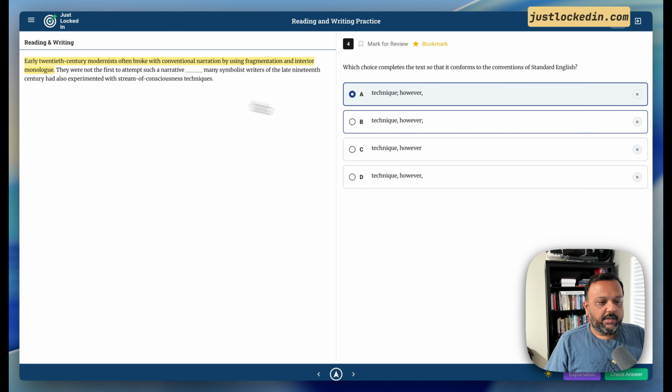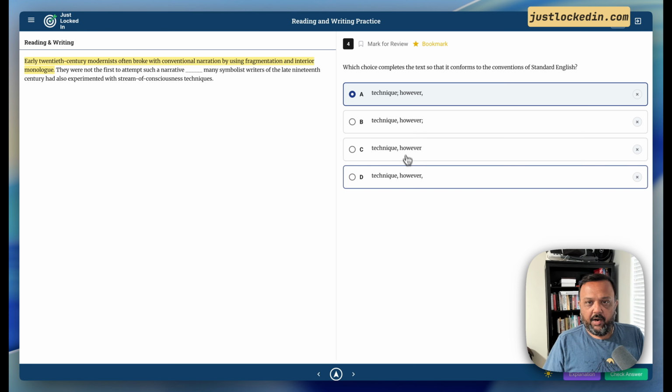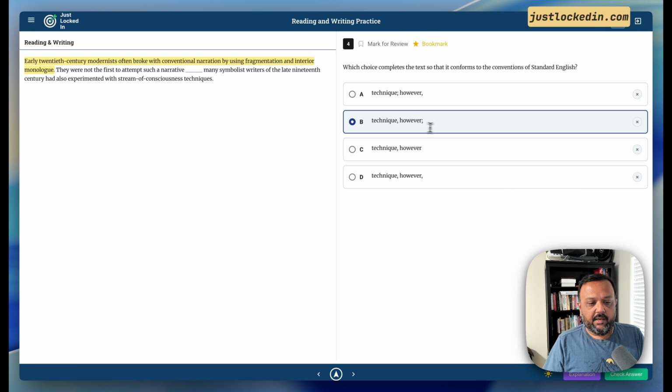If we make however part of the first sentence, then the first independent clause is, they were not the first to attempt such a narrative technique, however. And the second clause is, many symbolist writers, blah, blah, blah. So when you take these two independent clauses, the only legal way to join them among the given options is the second one, which is a semicolon. So this one is a trick question.